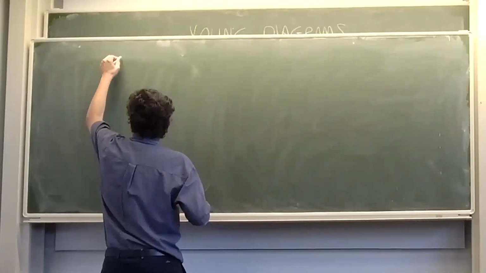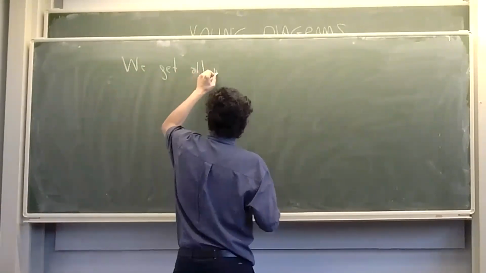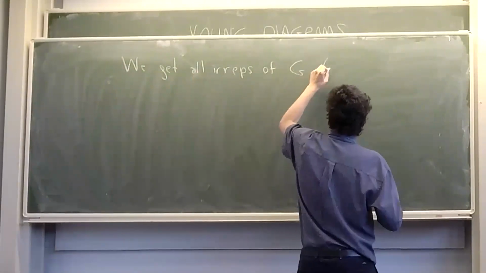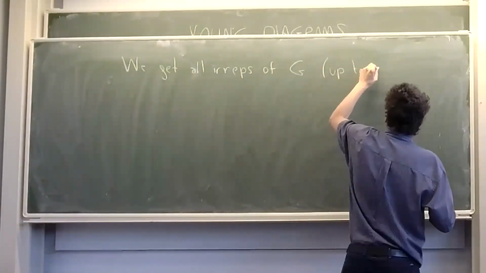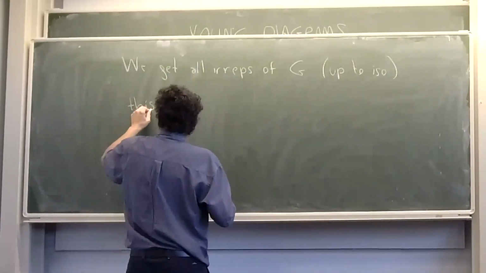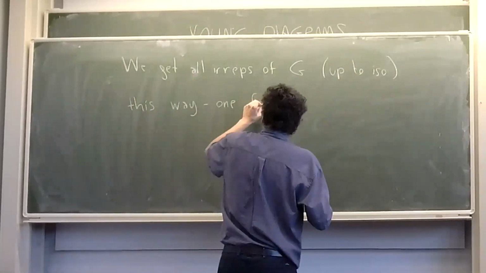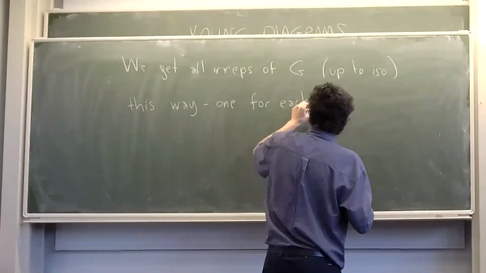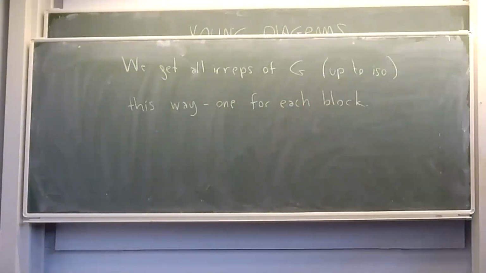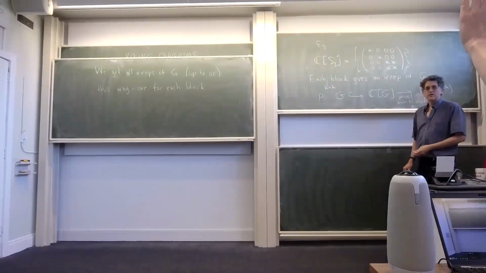So we get all irreps of G up to isomorphism. That's all we really care about. So one for each block. For example, as soon as you know the group algebra of S3 looks like this, you know it has 3 irreducible representations.